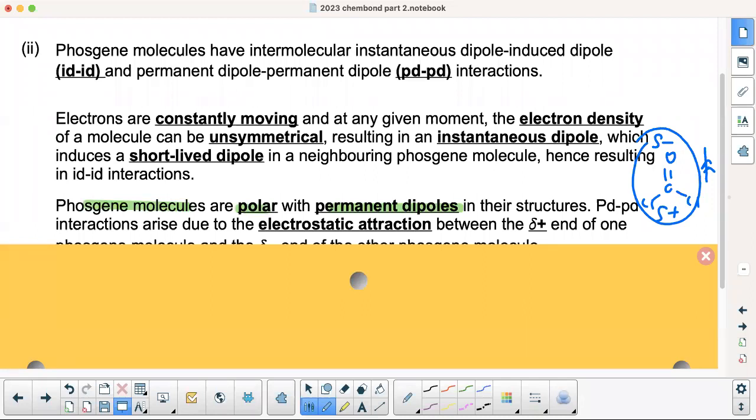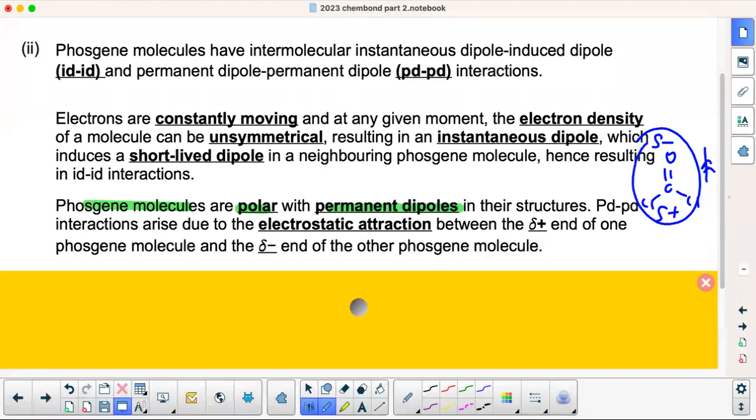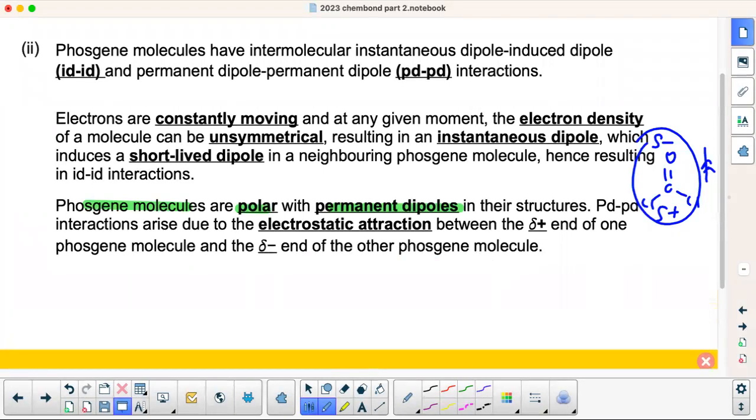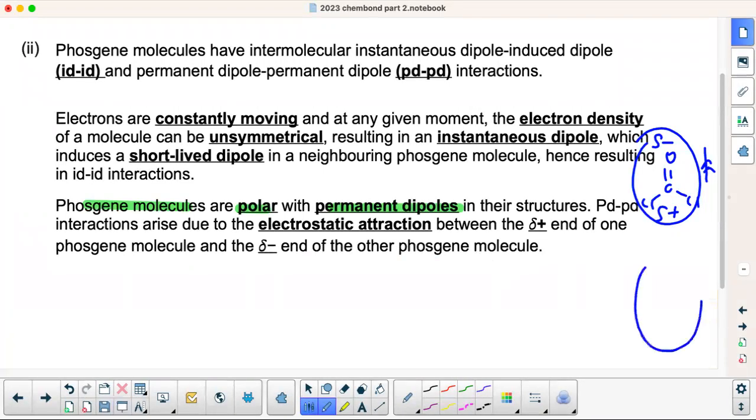So PD interaction arises due to the electrostatic attraction between the delta plus end of one molecule and the delta minus end of another. That's it. If you want to put a picture to it, it looks something like this. This part is delta minus, this part is delta plus, because of the net dipole. So the interaction between the delta plus and the delta minus here will be your PD.